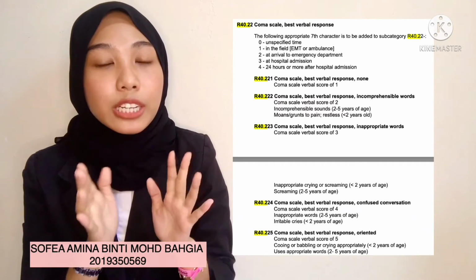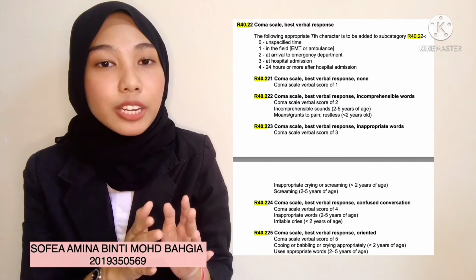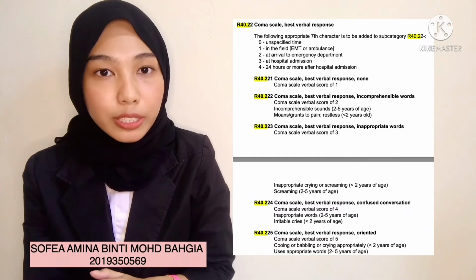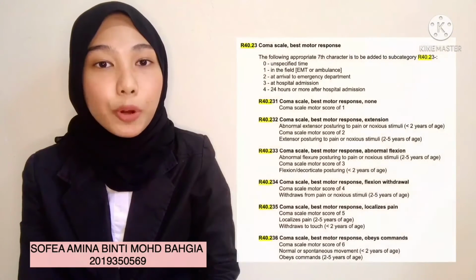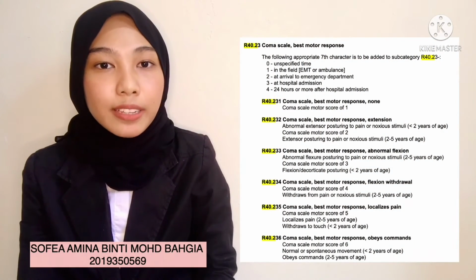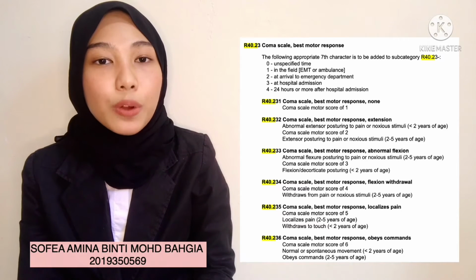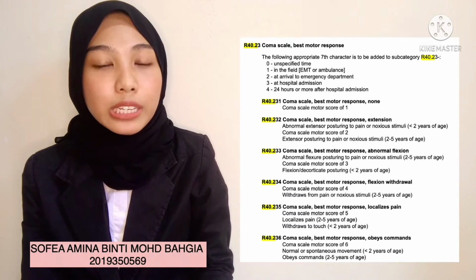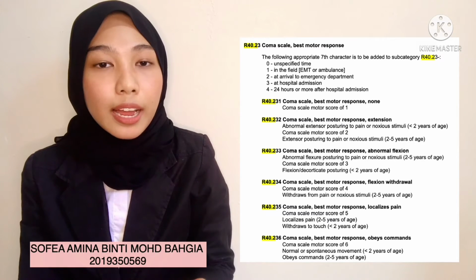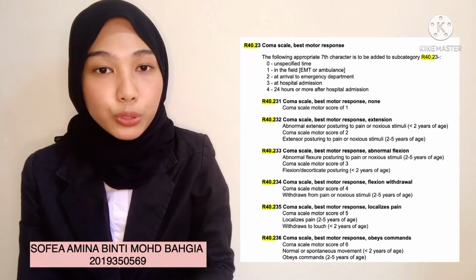It is to determine whether the patient can respond verbally or not, and to record the level of speech of the patient. And the third one is R40.23, coma scale, best motor response. It is where a physician asks a patient to make some movement, either to show his tongue, close his eyes, or wriggle his toes.